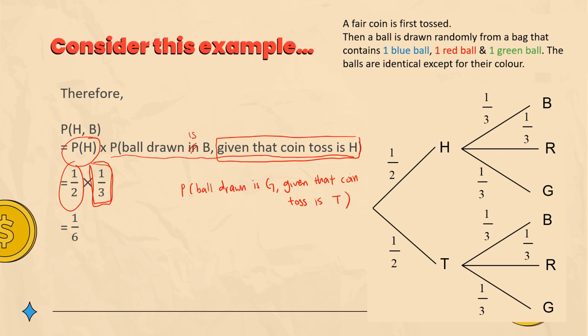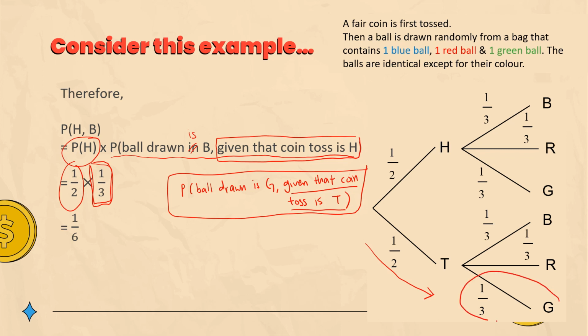So where and how do we find out this probability? We know that it is given that coin toss is tails. That means that we have to look at this trajectory over here, and then ball drawn is green. That means that we are looking at this section, and that is actually equals to 1/3. So probability of ball drawn is green, given that coin toss is tails, would actually be this 1/3 value over here.